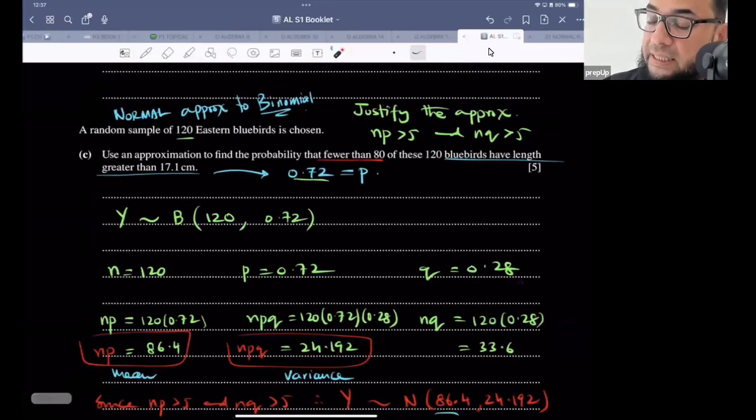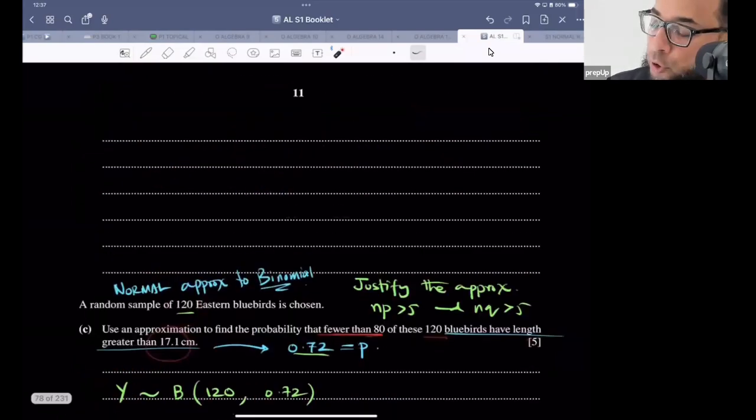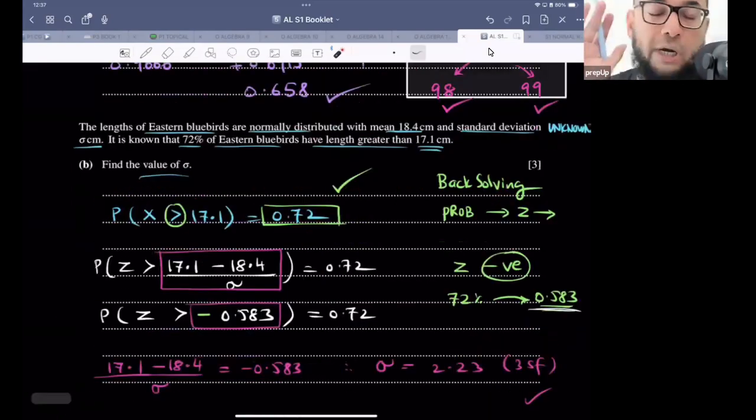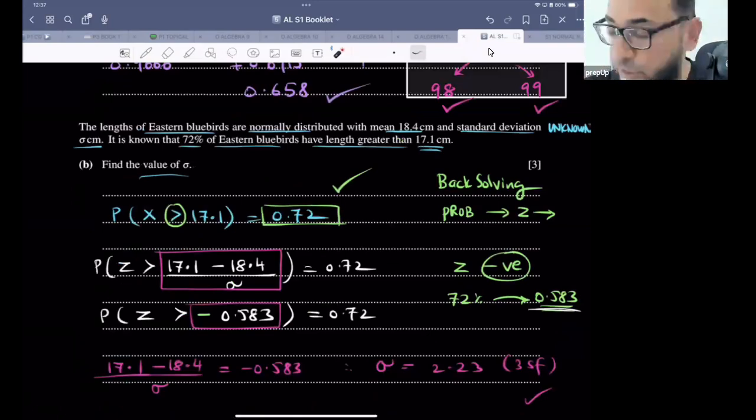The third part is normal approximation to binomial. A random sample of 120 eastern bluebirds is chosen. Use an approximation to find the probability that fewer than 80 of these 120 bluebirds have length greater than 17.1. Keep your eyes wide open, keep your ears on. Now you have to be vigilant.